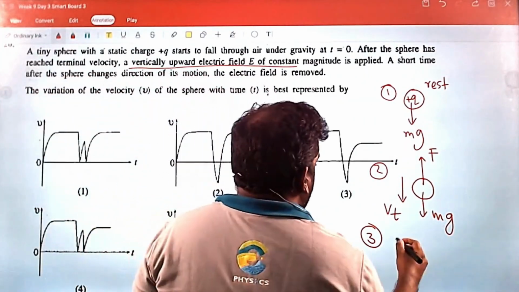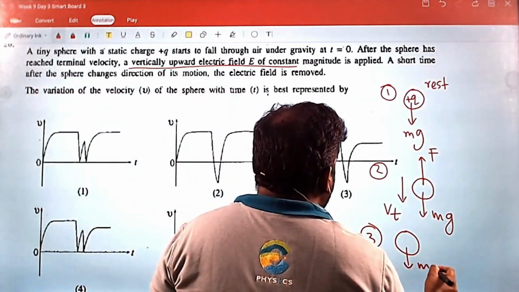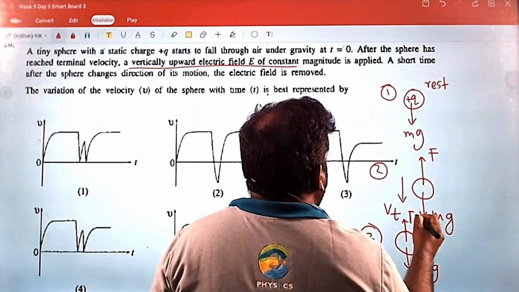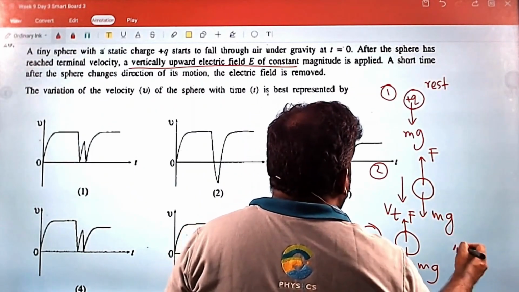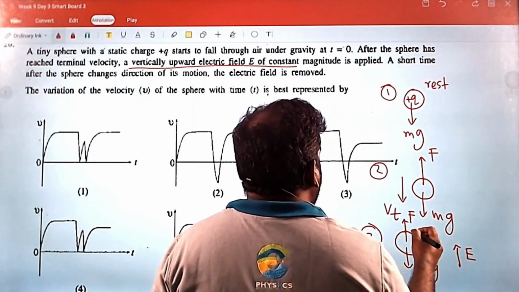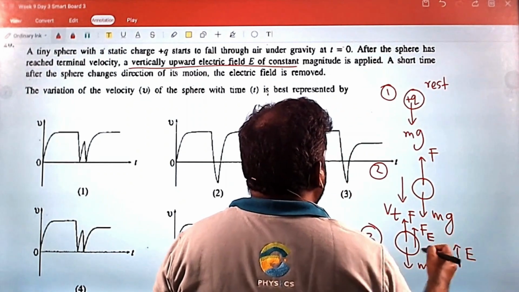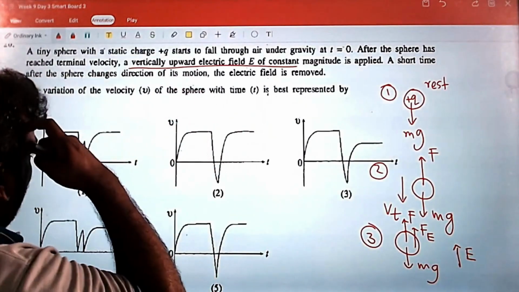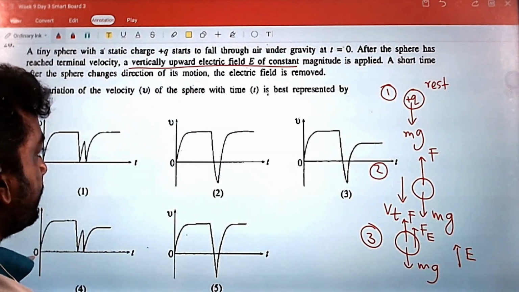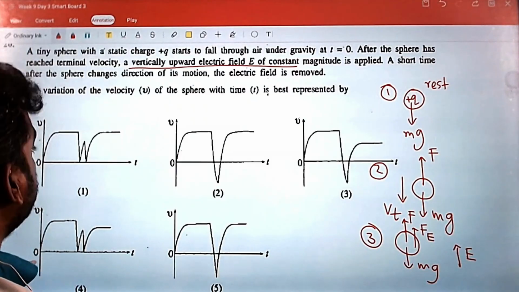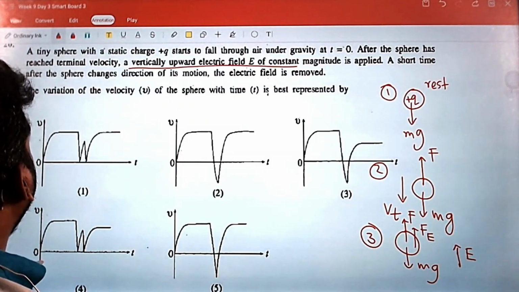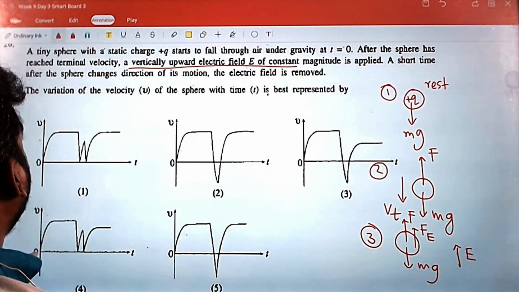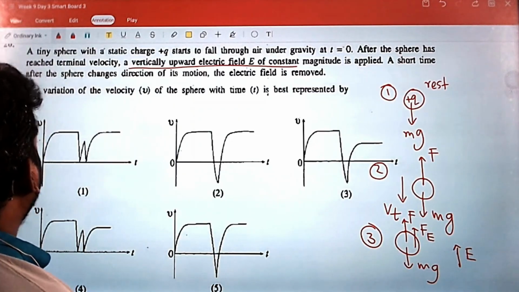Now after reaching terminal velocity, if you apply an upward electric field, there will be an upward electric force. So deceleration will take place. A short time after, the sphere changes direction.